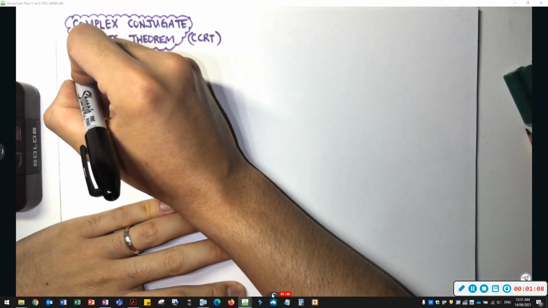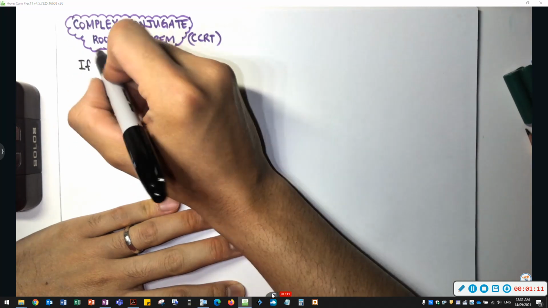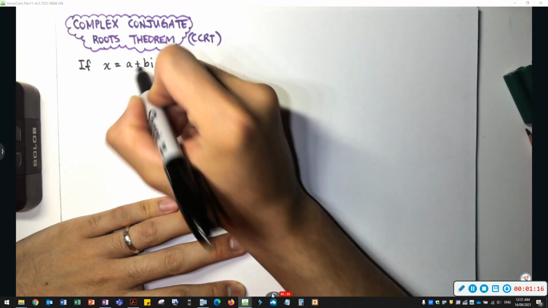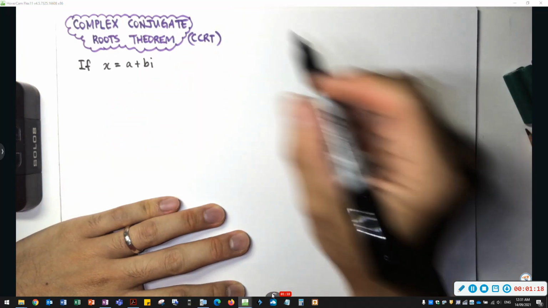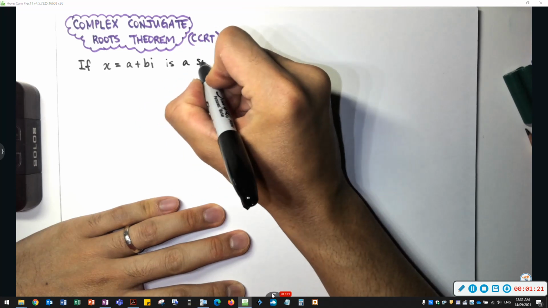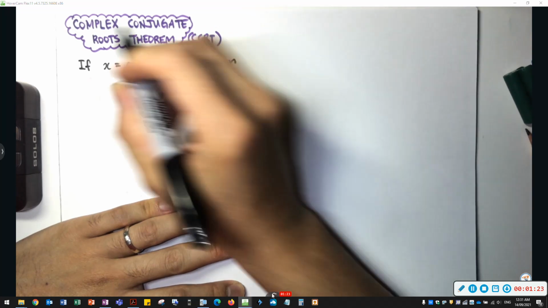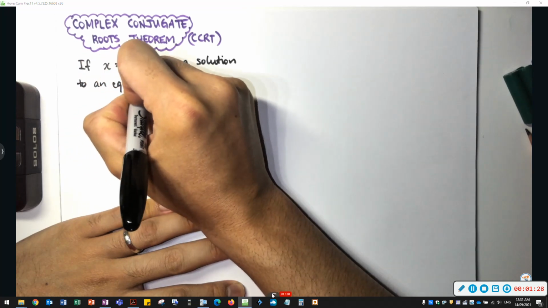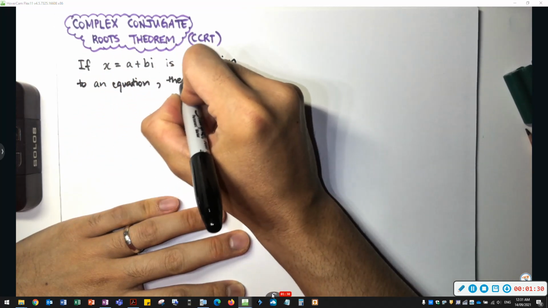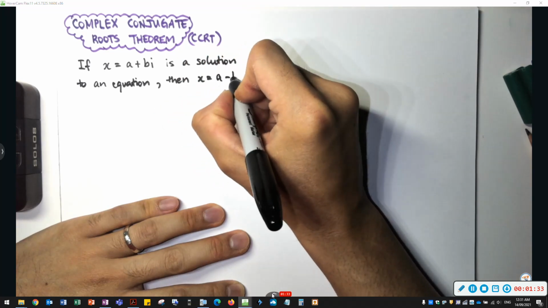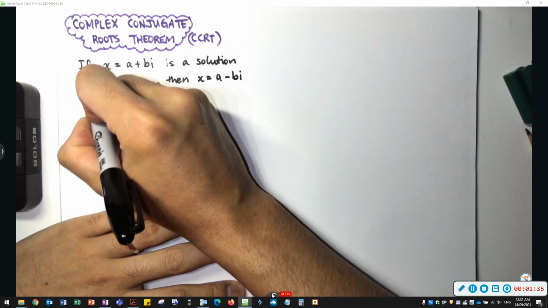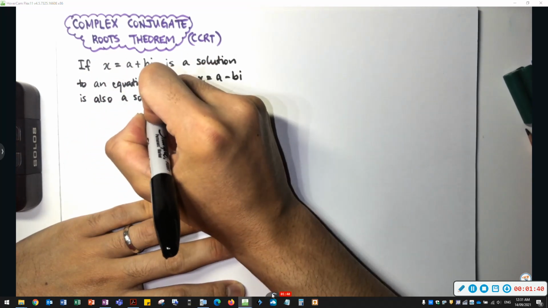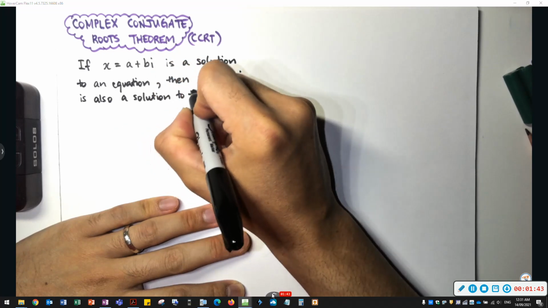So if x equals a plus bi, so this is a complex number, is a solution to an equation, then x equals a minus bi is also a solution to the equation, okay?